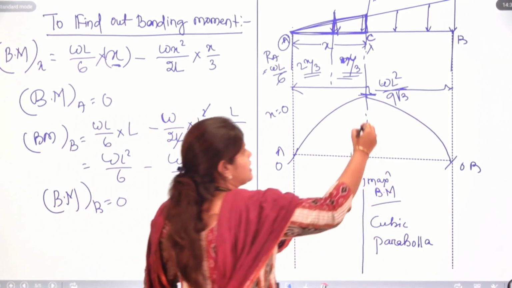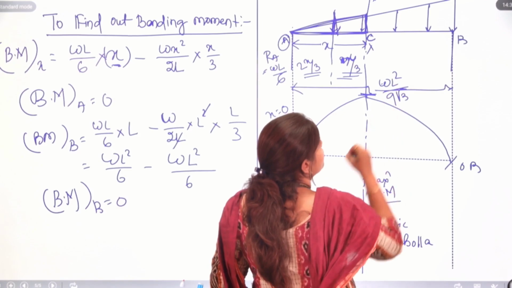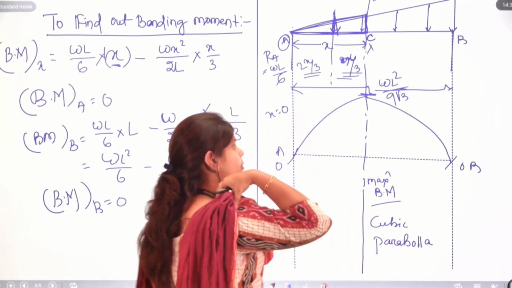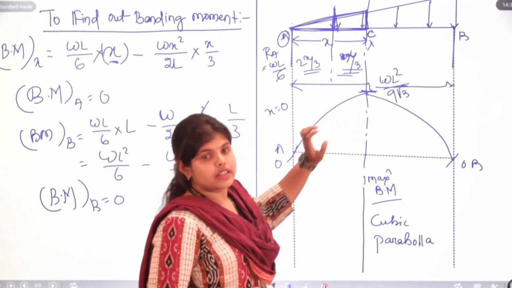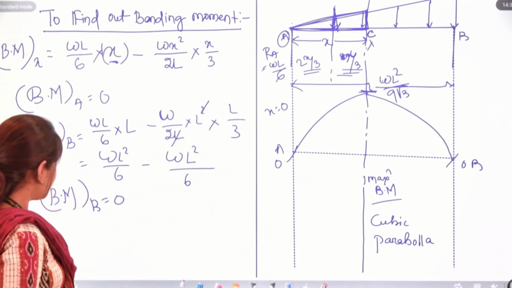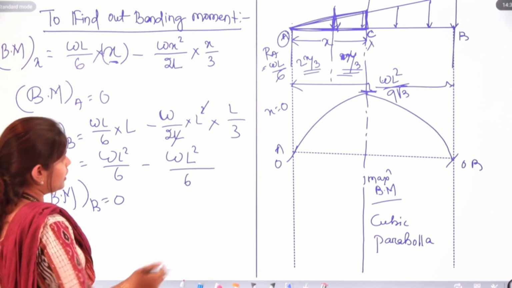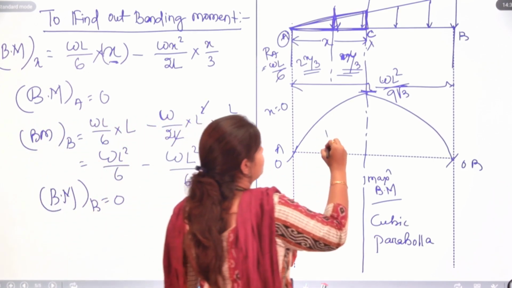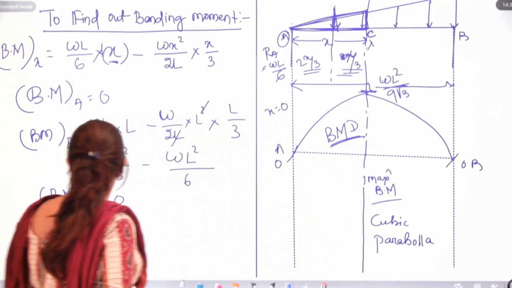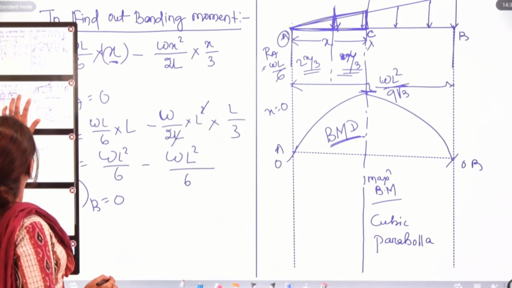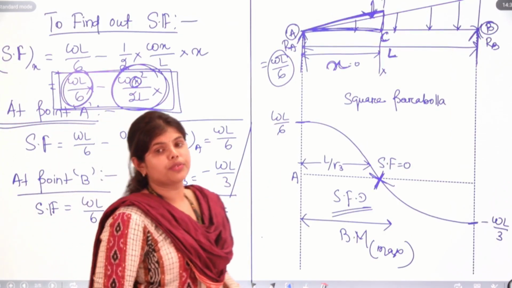Here at point C, we have WL square by 9 root 3. You can remember that at this point, shear force is 0. So here we have our bending moment diagram, and here is our shear force diagram.